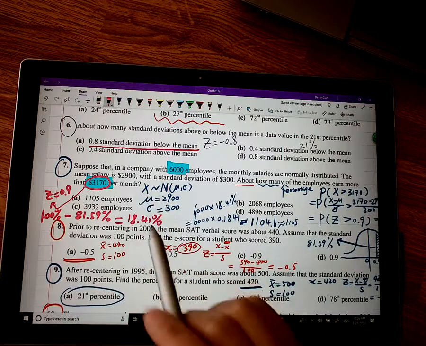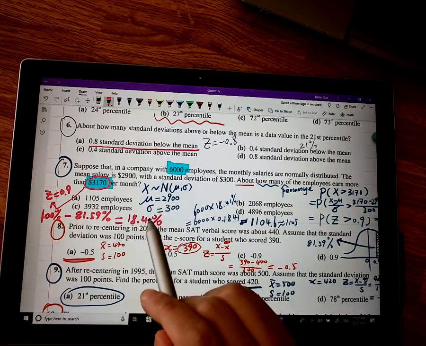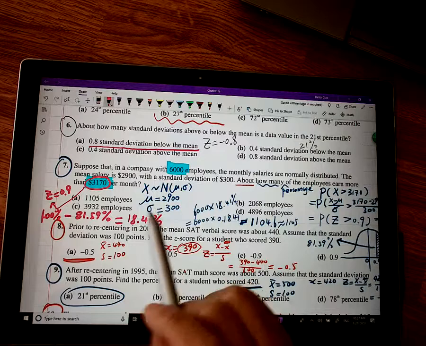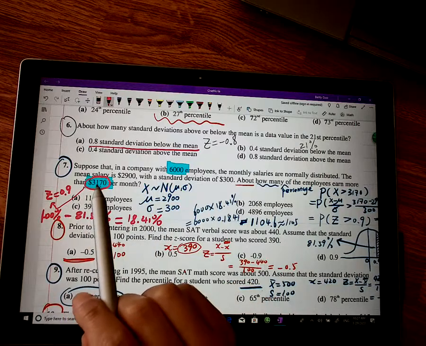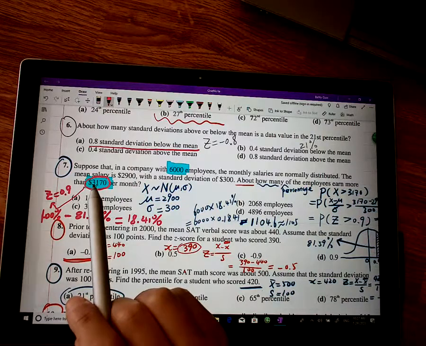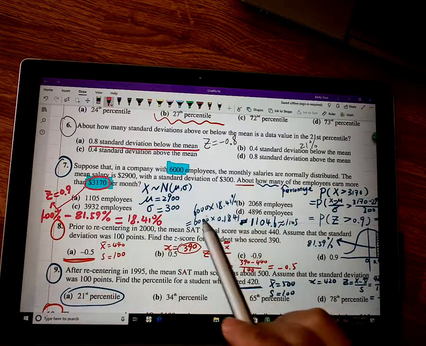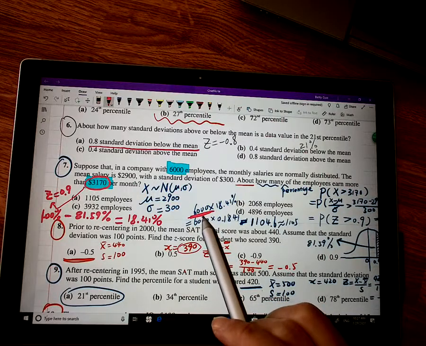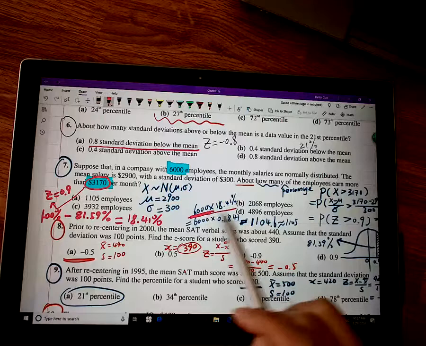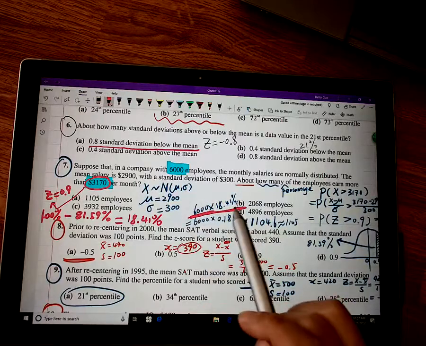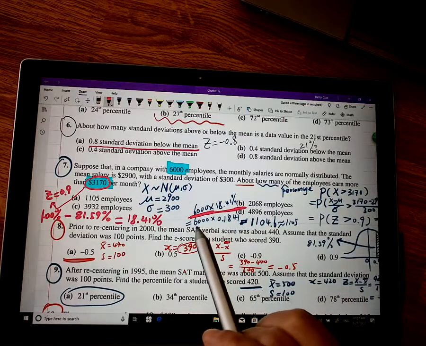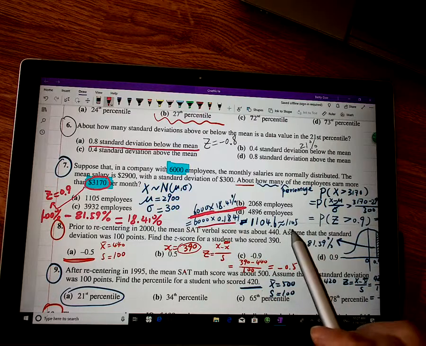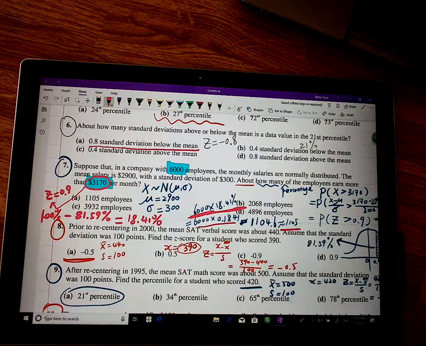That means in the company, 18.41% of employees earn more than $3,170 every month. And how many employees is that? The company has 6,000 people. You multiply the total by the percent, and you get 1,105 people if you round it.